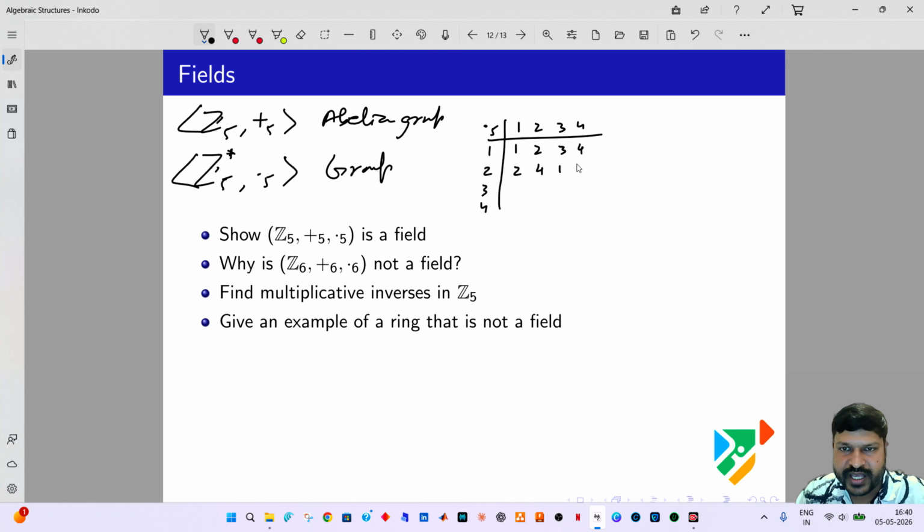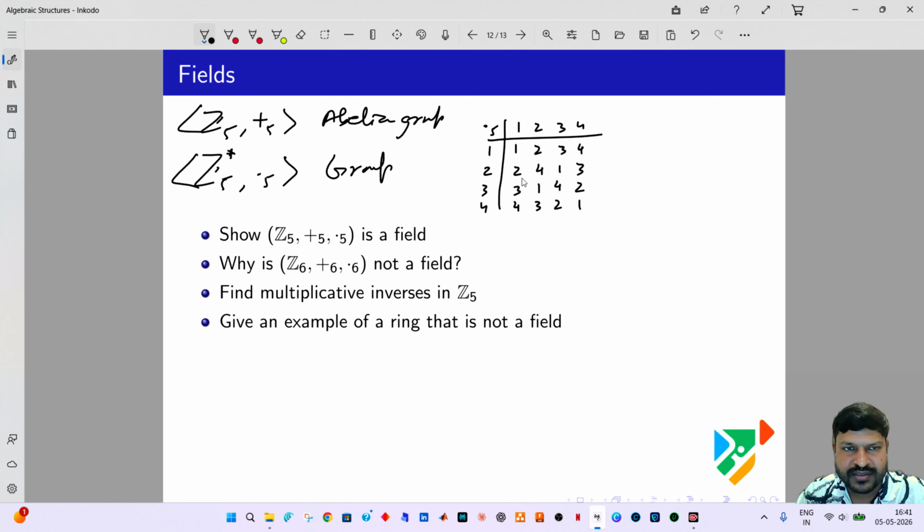What is 8 modulo 5? 3. 3 into 1, 3; 3 into 2, 6, and 6 modulo 5 is 1; 3 into 3, 9, and 9 modulo 5 is 4; 3 into 4, 12, and 12 modulo 5 is 2. 4 into 1, 4; 4 into 2, 8, and 8 modulo 5 is 3; 4 into 3, 12, and 12 modulo 5 is 2; 4 into 4, 16, and 16 modulo 5 is 1.